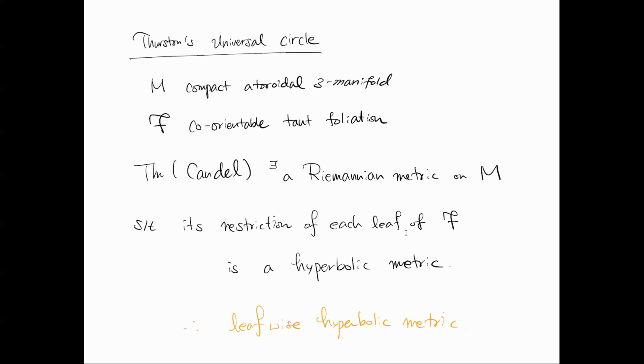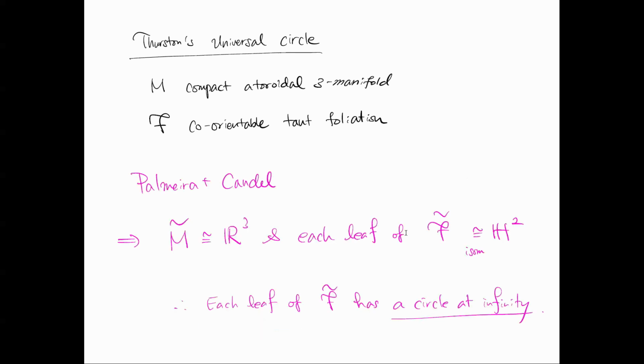So by combining with the Palmeira theorem, the conclusion we want to take is that in this setup, the universal cover of M is R^3, and with respect to this leafwise hyperbolic metric, all the leaves in the universal cover can be considered as a copy of the hyperbolic plane, right?